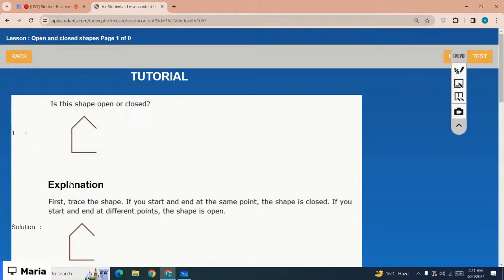How do we know if a shape is open or closed? First, you have to trace the shape. If you start and end at the same point, that means the shape is closed. But if you start and end at different points, that means the shape is open. Got it? That means you need to trace the shape.